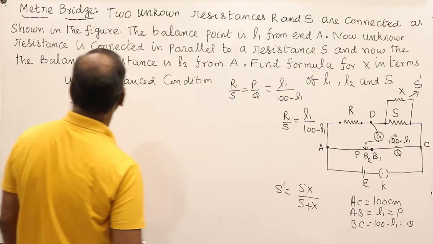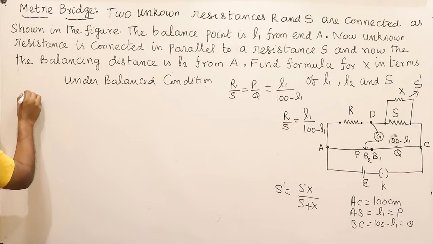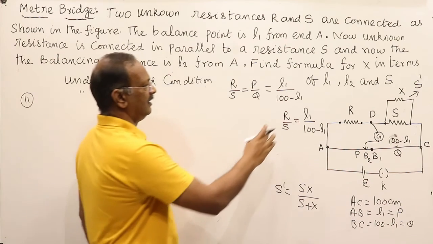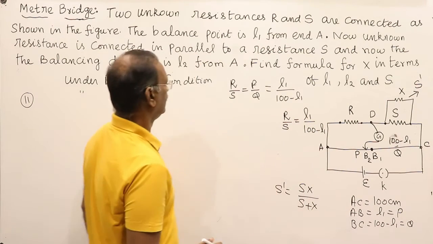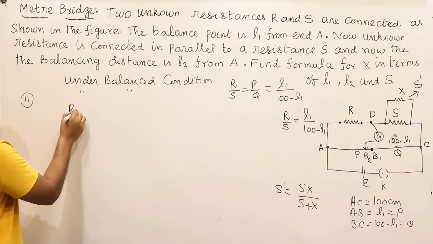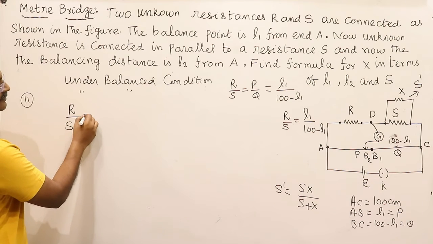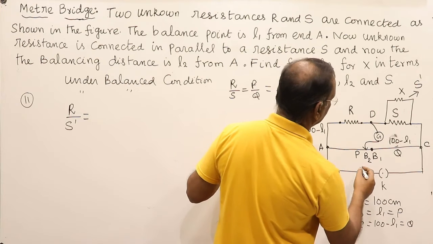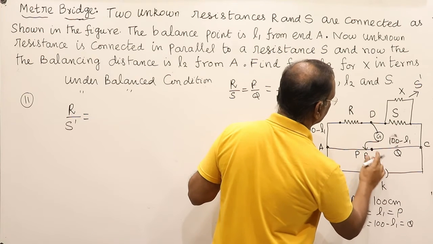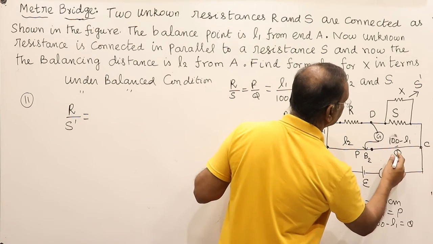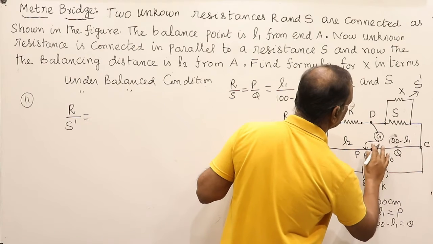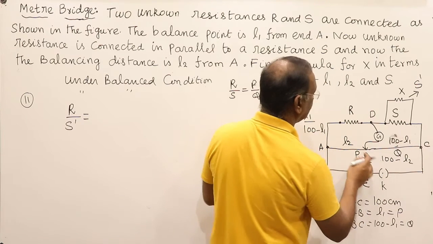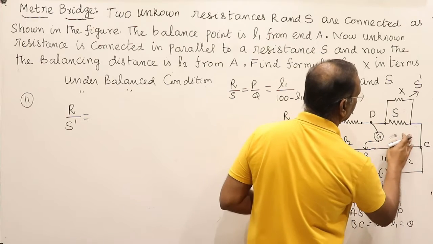Now again, under the balance condition for the second condition, R divided by S dash is equal to the new length. Earlier it was L1, now we call it L2, and the other part will be 100 minus L2. P will be L2 and Q will be 100 minus L2.